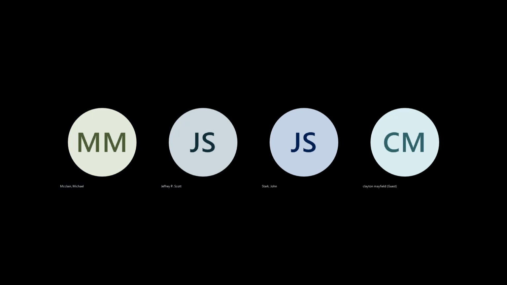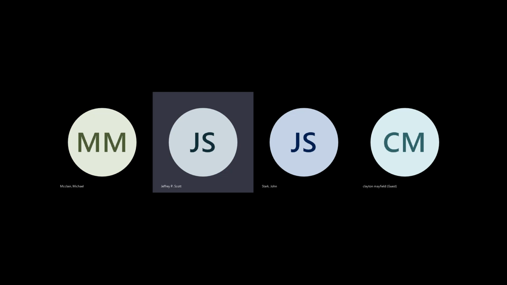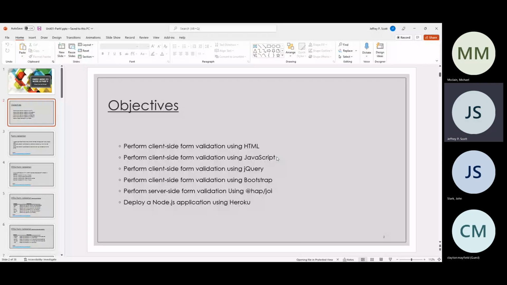All righty. I appreciate you letting me know when it does, because this one we don't have to really even talk about. I put this in there because most of it is the stuff we had in the AWD1111 class. Validation using HTML, using words like required, etc. Validation using JavaScript. You just did that.